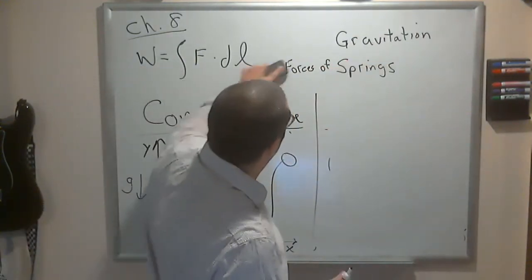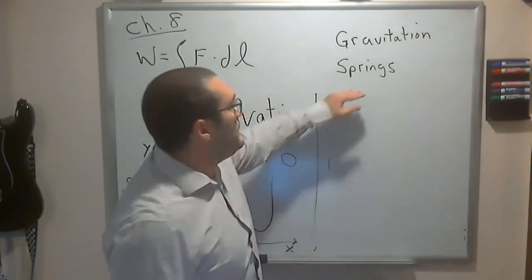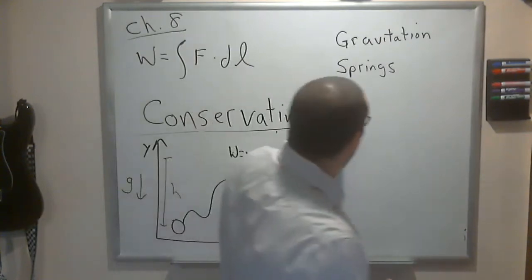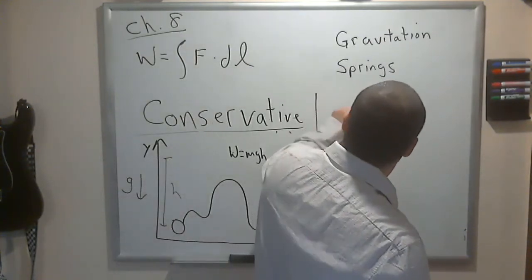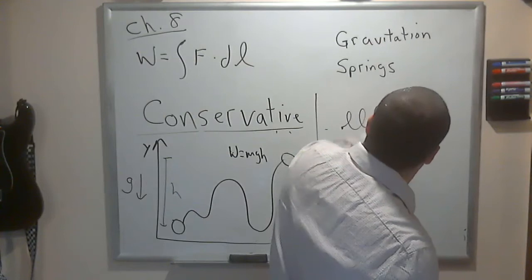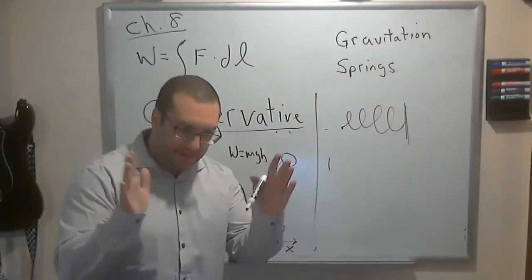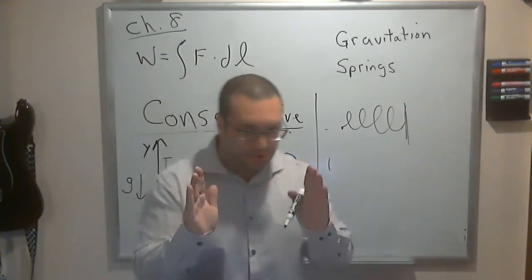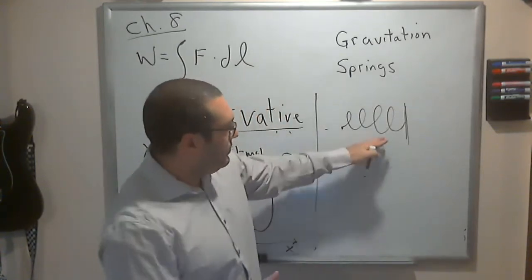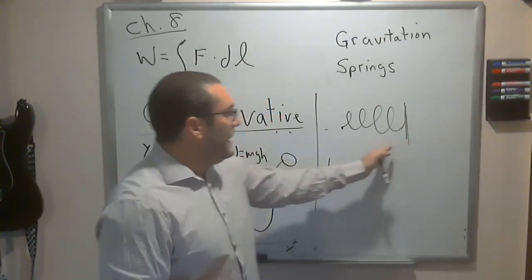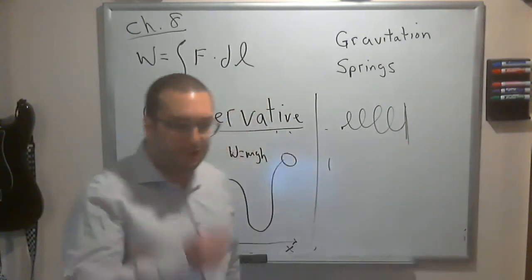I introduced springs last chapter. I said that the force that a spring exerts depends on its equilibrium position, when there's nothing applied on it, and on how far away from the equilibrium it goes.